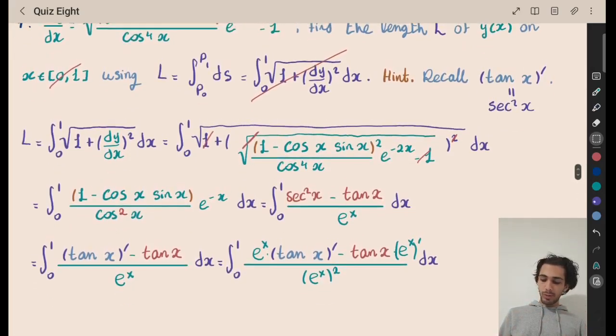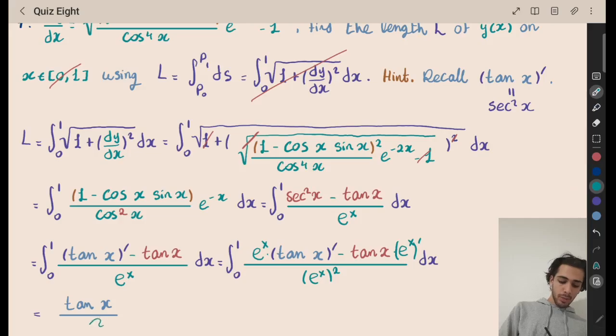And if you do it backwards, this should be the derivative of tangent of x divided by e to the x. And probably you should check this yourself.